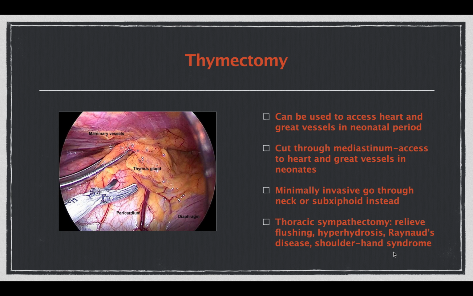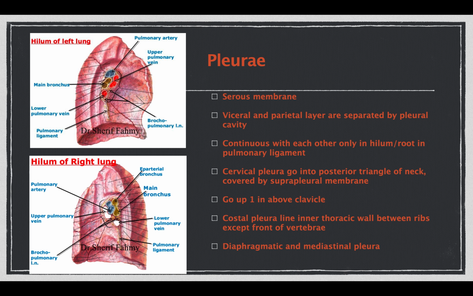Okay, so the pleura is a serous membrane that covers the lungs, and there are two components, the visceral and the parietal layer, and it's separated by the pleural cavity, and they're only continuous with each other at the hilum, or the root of the lungs, and the hilum eventually goes into the pulmonary ligament.